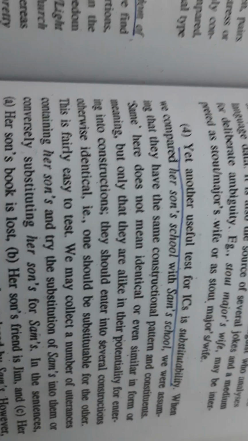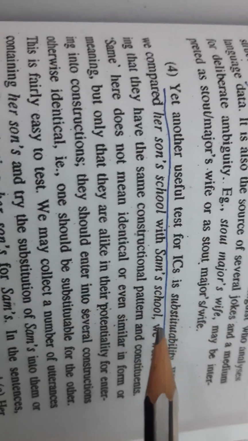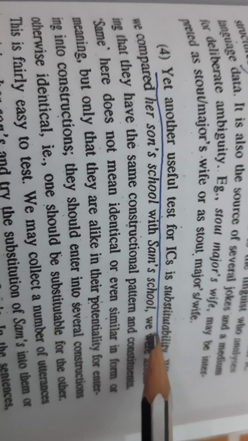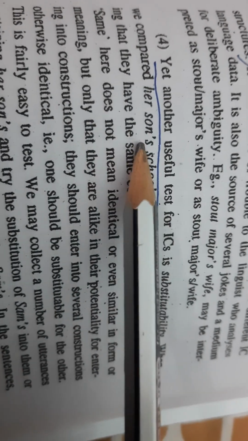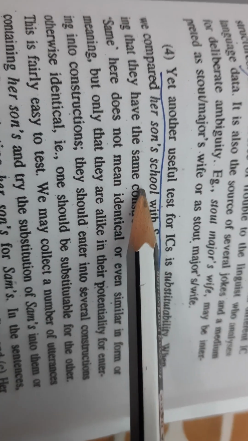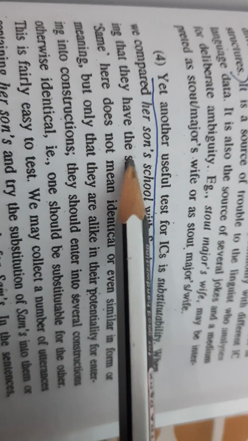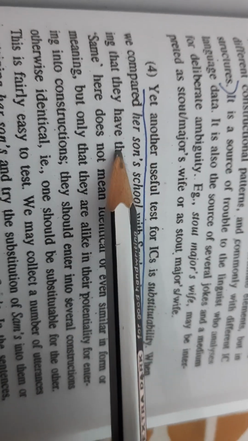And the fourth one is substitutability. Substitutability means that you can substitute one word and check. For example, if this is the phrase given for IC analysis, like her son's school, and you are confused about where to give the IC cut, you can just substitute the word Sam's instead of her son's.